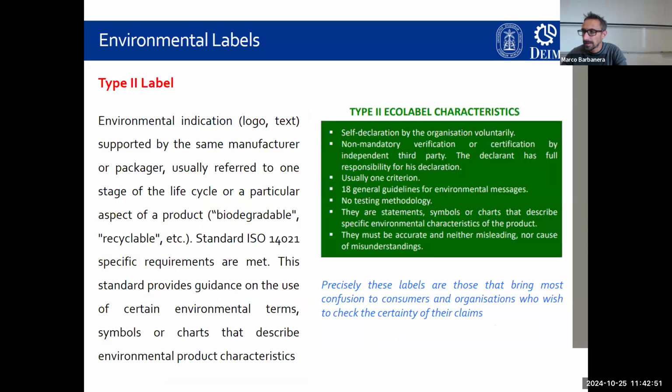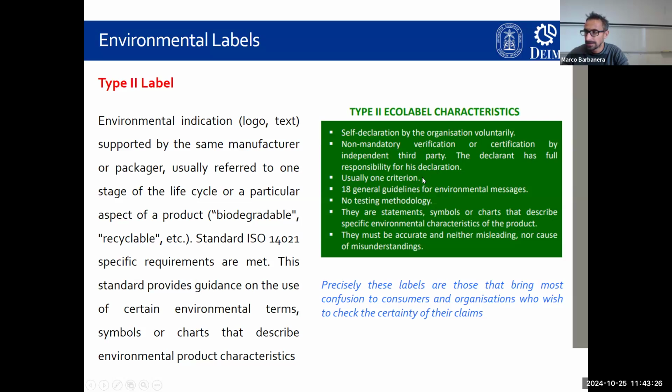Okay. As regards the type 2 label, type 2 labels are self-declaration labels. In this case, these labels are not mandatory, and in particular, they refer only to one environmental criterion.